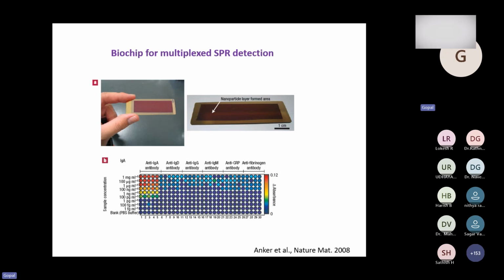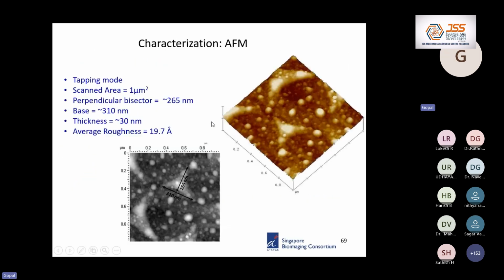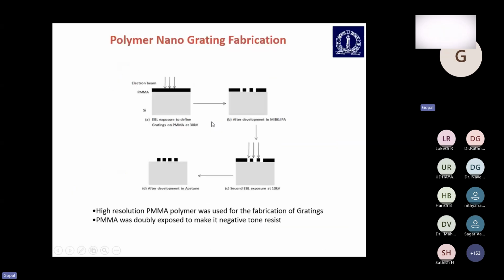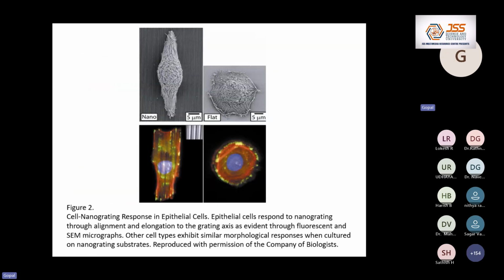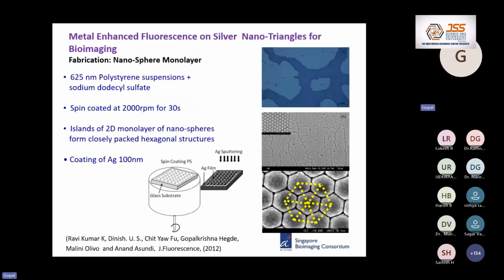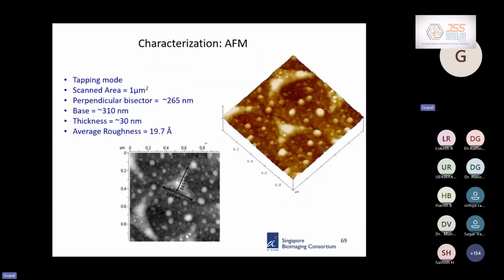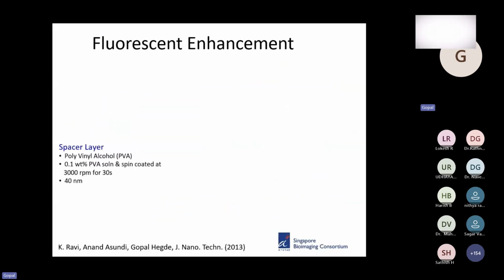Each of these structures will respond to different biological processes. I think I have shown somewhere in the previous slide where the plasmonic wavelength shifts with size of the nanomaterials. So this is how the nanostructures and the nanomaterials are being exploited for biological applications.